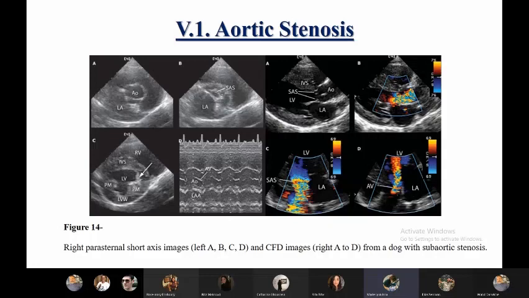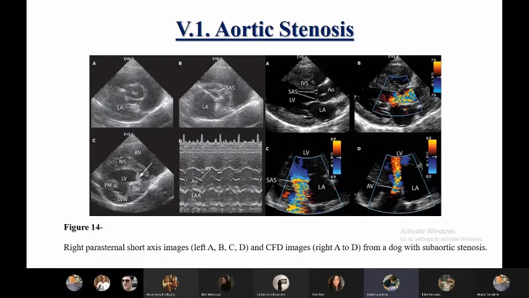The left A, B, C, and D are right parasternal short axis images with the M mode, and the right A, B, C, D images include color flow Doppler image. In A, it is obvious that the maximum aortic dimension occurs at the aortic root, at the sinus, at the valves of the aorta.